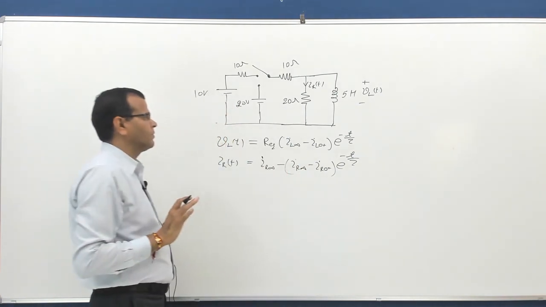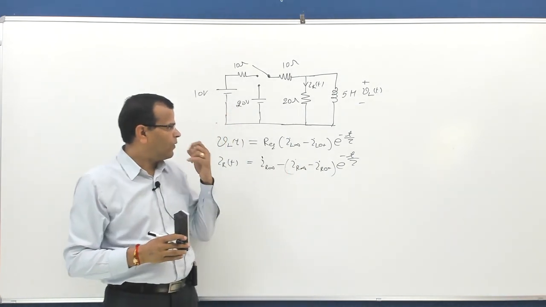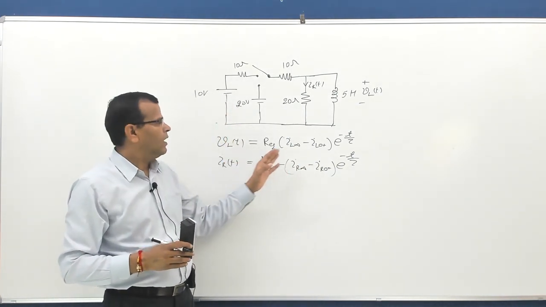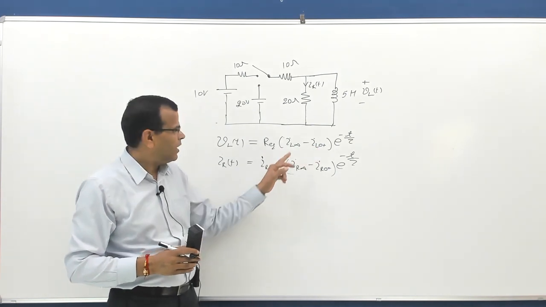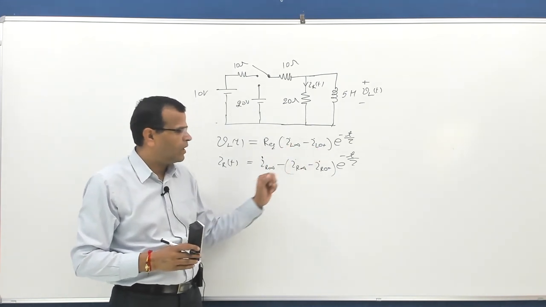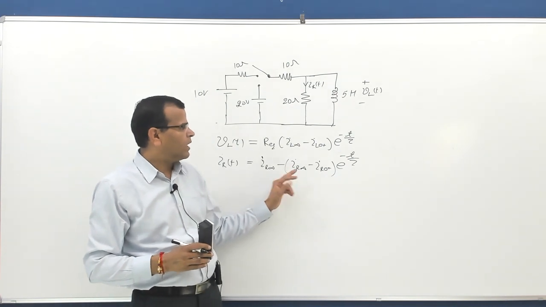Tau is same. So for calculating these two parameters, I have to find IL 0 plus, I have to find IL infinity, I have to find out IR 0 plus, then IR infinity.